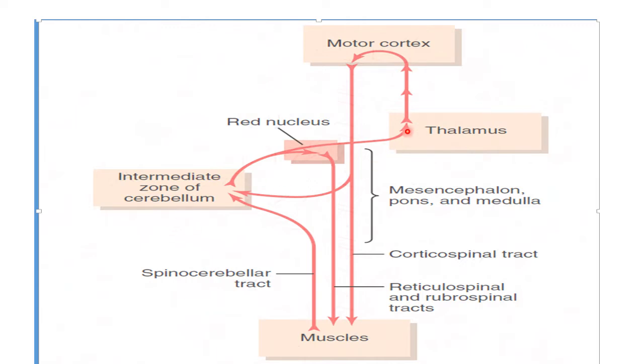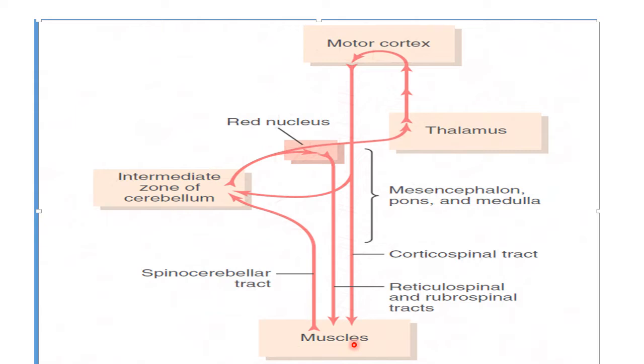This is one connection. The second connection: the cerebellum is connected to the red nucleus, and through the red nucleus, via the reticulospinal and rubrospinal tracts, it is connected to the muscle. First, how is it connected to the muscle? Through the thalamus, motor cortex, corticospinal tract. So one loop starts from the cerebellum, then thalamus, motor cortex, and then it goes to the muscle.